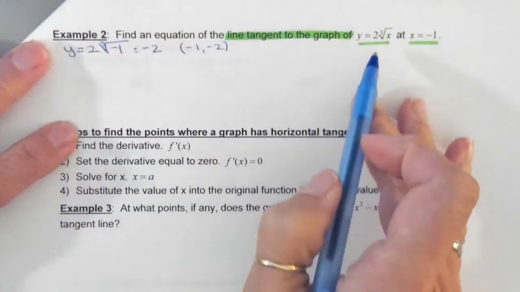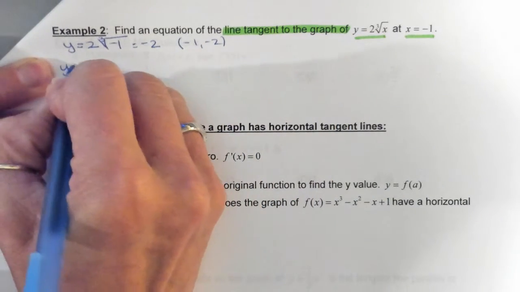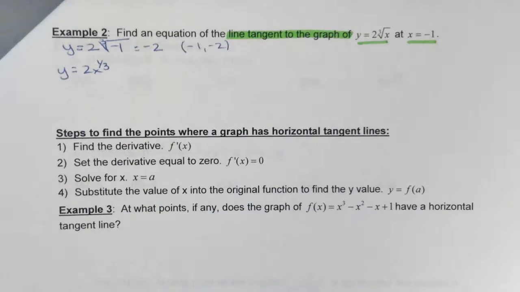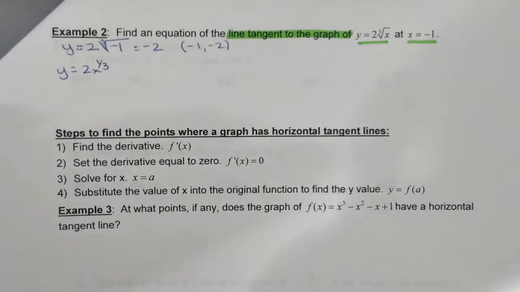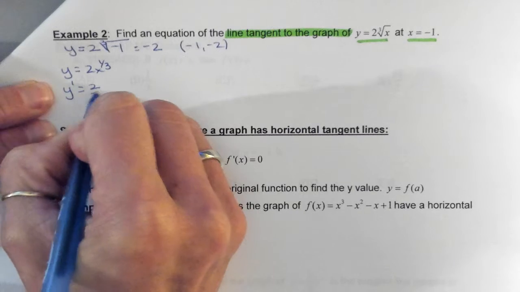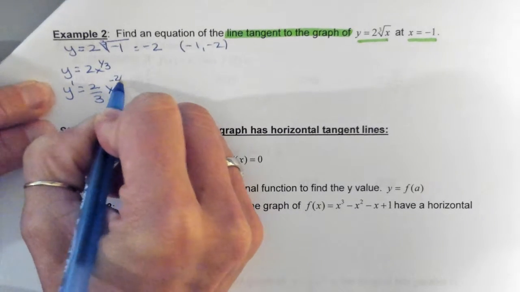So the first thing we need to do is rewrite this in friendly form. So we have y is equal to 2x to the 1/3 power. Right? Okay, this is where you're going to see me use y prime, so I'm going to be very careful and make my prime very prominent. Y prime is equal to 2/3 x to the -2/3. Is that correct?